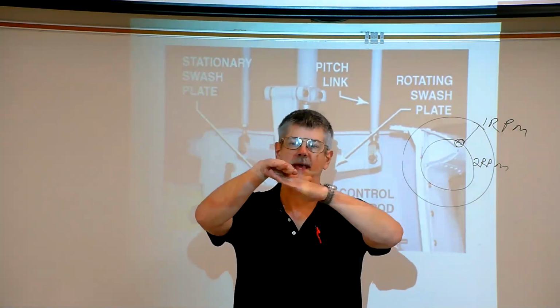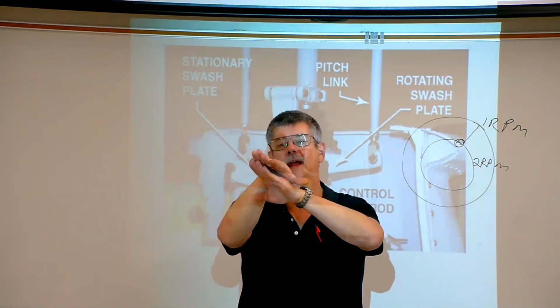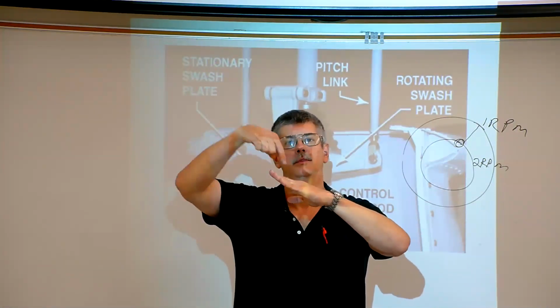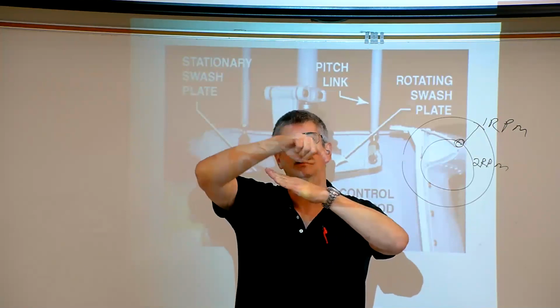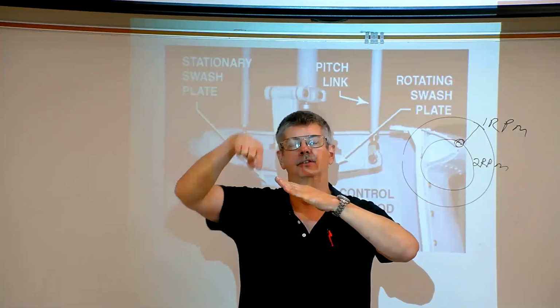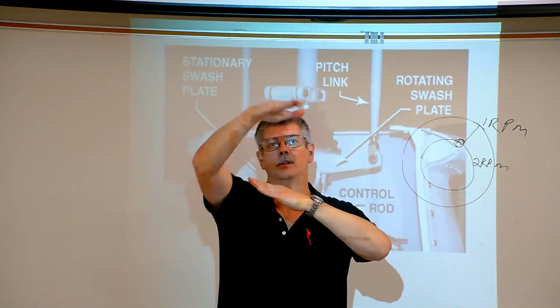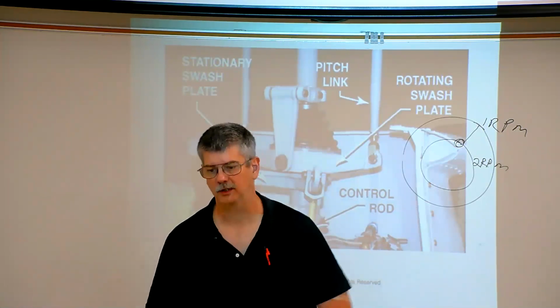So that tilts. Now, as the rotor blade turns, any blade on the advancing side, that pitch would go up. The blades that are retreating, the blade angle is decreasing.